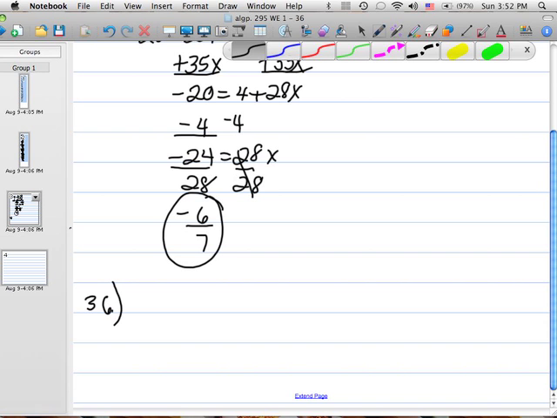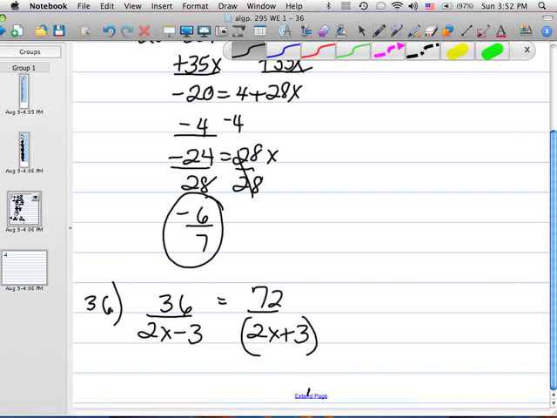Problem 36, we have 36 over 2x minus 3 equals 72 over 2x plus 3. Cross products, 36 times 2x plus 3, we get 72x plus 108.